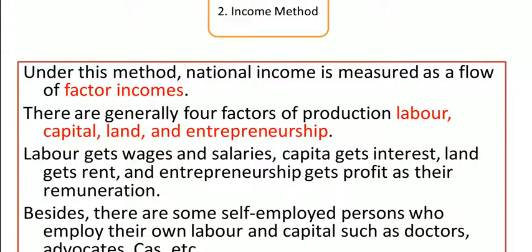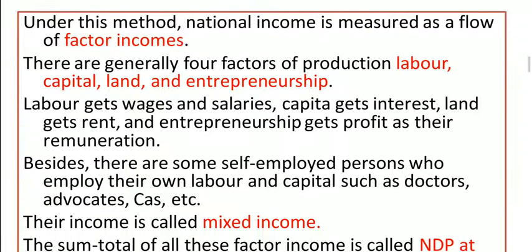So we know that the factors of production mean labor, land, capital, and entrepreneurs. Labor gets wages and salaries. In this way, capital gets interest, land gets rent, and entrepreneurship gets profit as their remuneration.